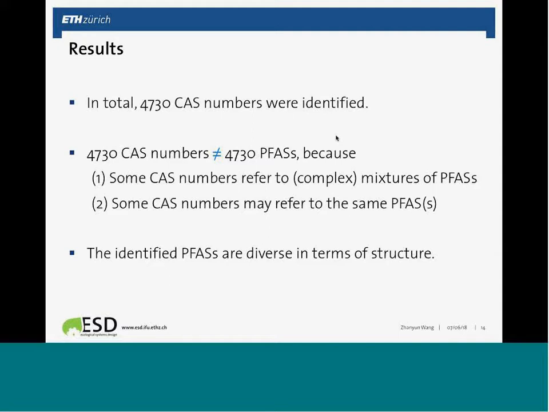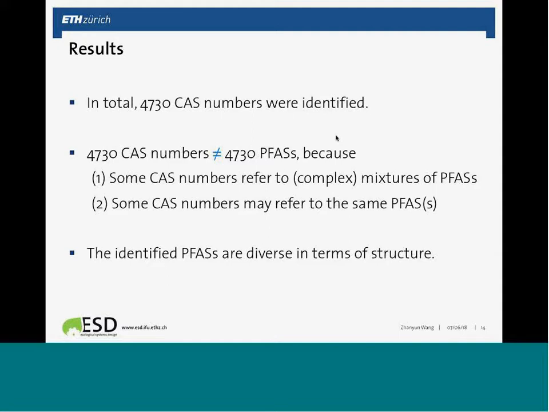We also identified in some cases that some CAS numbers actually refer to the same PFASs, but it's just a different way of calling them. So currently, it is very difficult to estimate how many actual PFASs, like individual substances, are there.